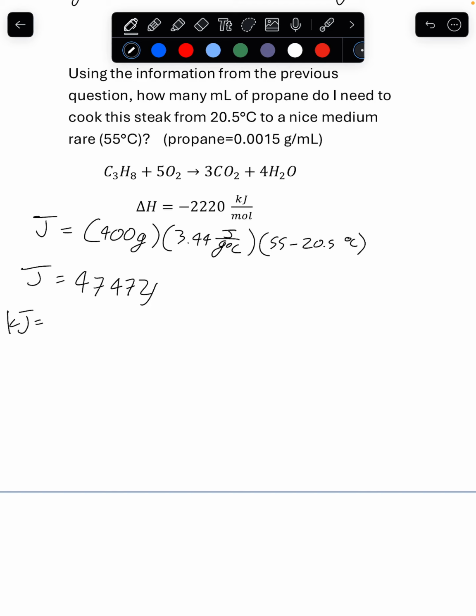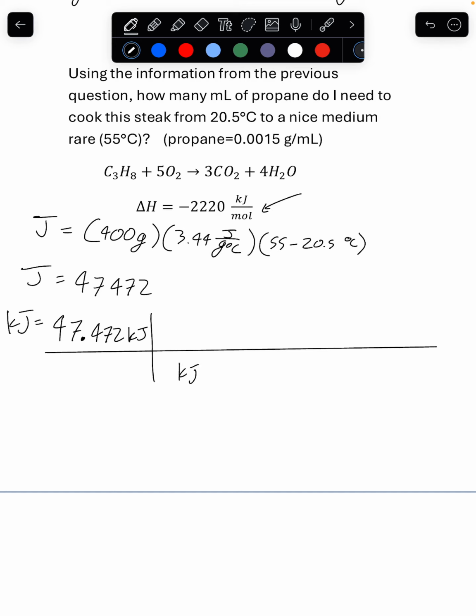To find the kilojoules, I just count in 3 decimal places, right? So 47.472 is my kilojoules of energy. We'll write it right there just so the conversion factors are really easy to see. And now, following that path I just described, let's get kilojoules of energy into milliliters of propane.